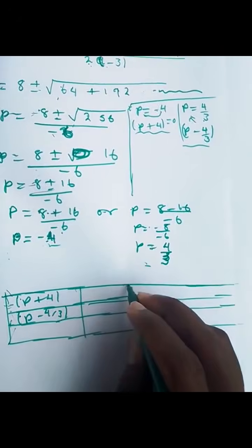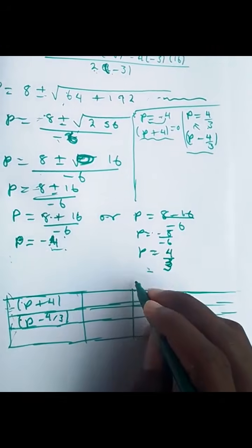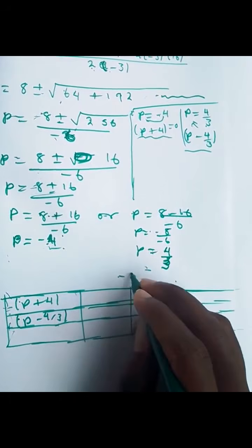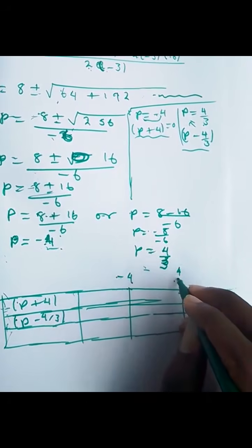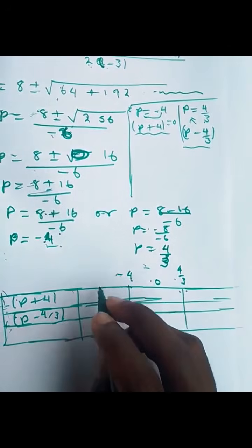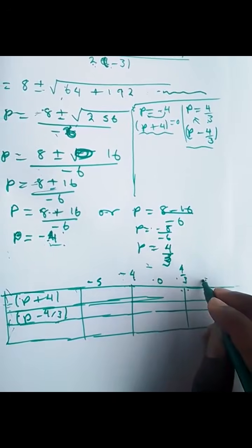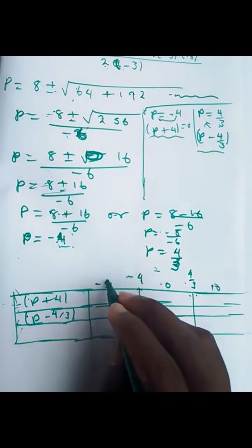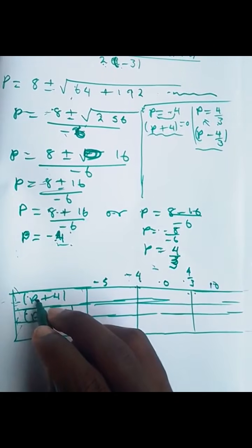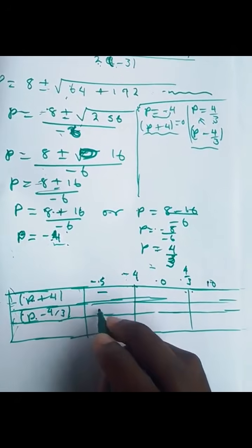And then here we do this. These are the critical points that I'm going to put here and here. So here I have negative 4, here I have 4 over 3. Between this and this, here they can be 0, right? Here we can put maybe negative 5. Here maybe we can put a big number like 10. So if I put this p, am I going to get negative or positive? It's going to be a negative, right? If I put here, it's going to be a negative. So the overall here is positive.